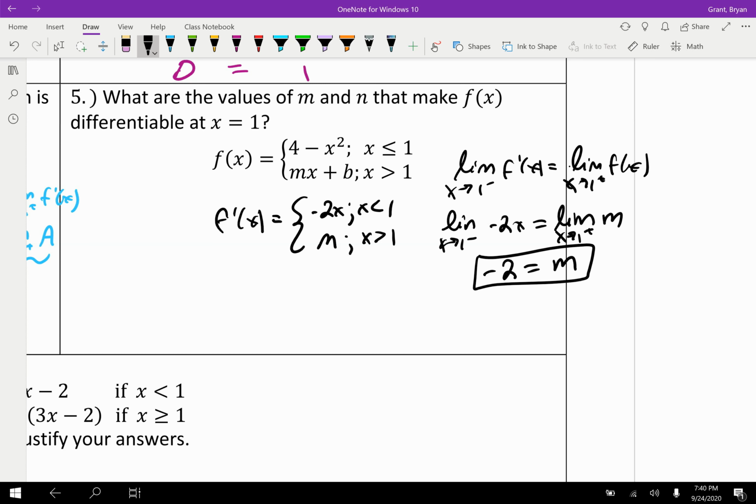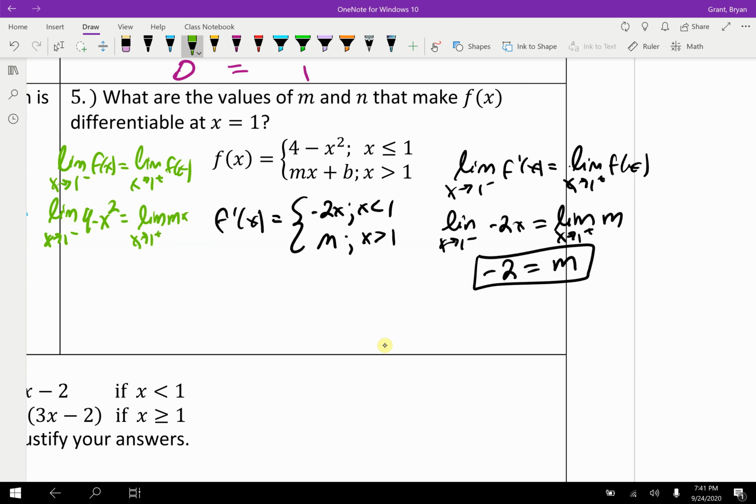Gosh, we're good. Already found m, yay us. Well, then we get the limit part. This can go away, we're done with that. So we want the limit as x approaches 1 from the left side of f of x better be equal to the limit as x approaches 1 from the right side of f of x. The function that's in control from the left side is 4 minus x squared. The one that's in control from the right side is that mx plus b.